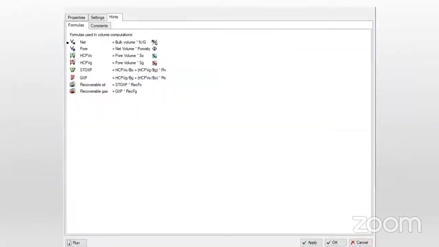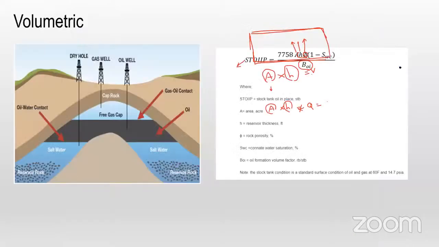In Petrel, you have this formula in the volumetric section. Let me first mention that if you have a reservoir with sandstone, some part of it has high porosity, for example over 15%, and some not, about 10%. Here is 20%.